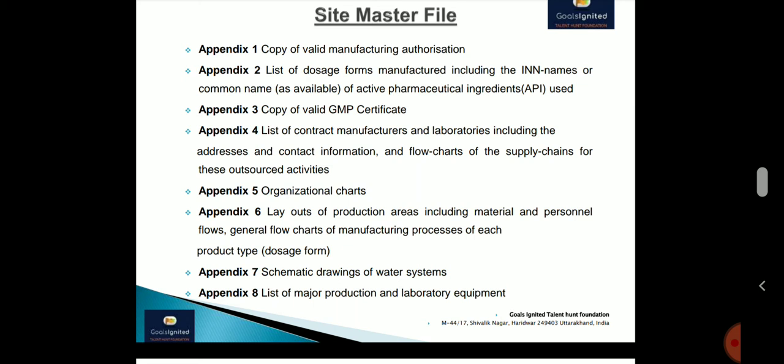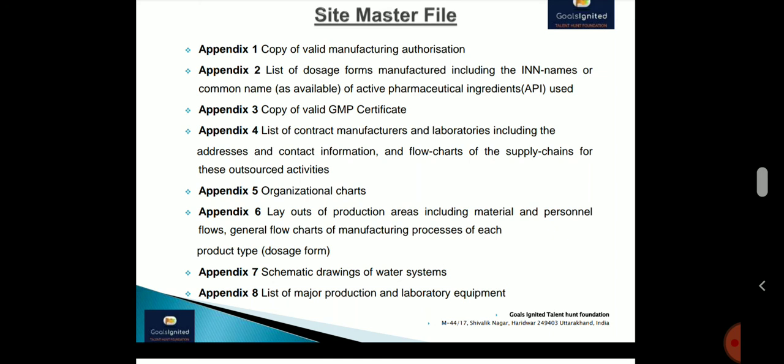This is the prime requirement of the site master file, because a few companies try to explore or elaborate their procedures in the site master file. Then there is a query from the regulator: why are you elaborating? You have the SOPs. Whenever we have any query, you may send us the SOPs. You need to compile all this information within 25 to 30 pages.